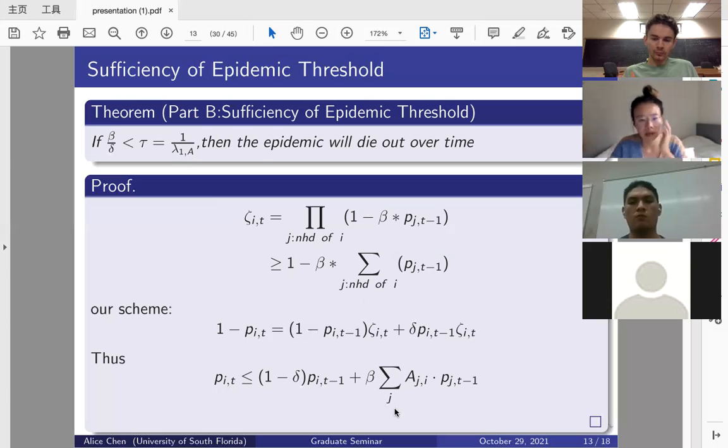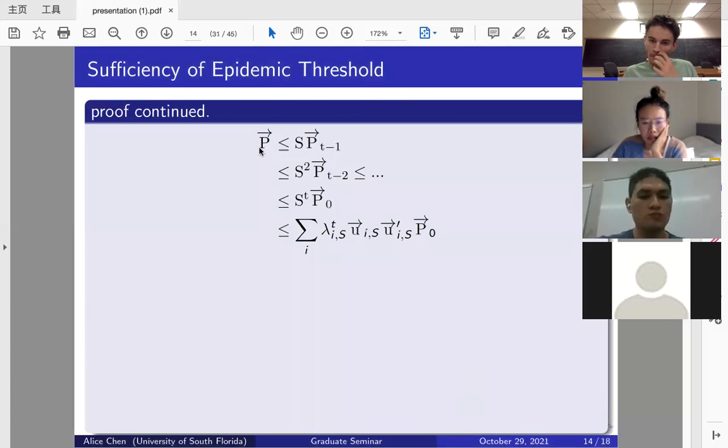And it gives us something like the system matrix we defined earlier, S. Remember, S is equal to 1 minus delta times the identity matrix plus beta times the adjacency matrix. Then we can rewrite into vector form again and do the iterations.